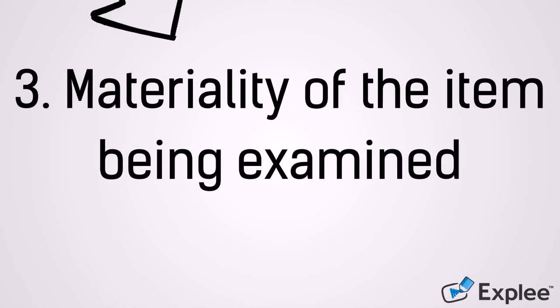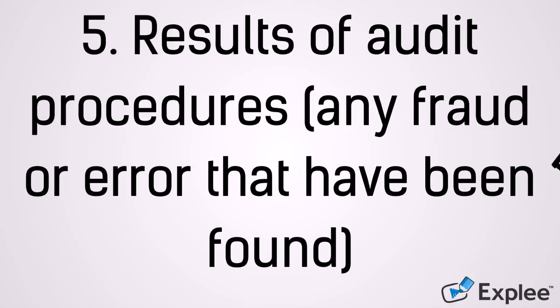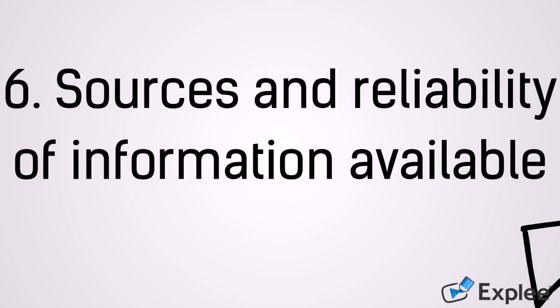Next is the materiality of the item being examined. Another factor is experience gained during previous audits. Other than that, results of audit procedures, and any fraud or error that has been found. Lastly, sources and reliability of information available.